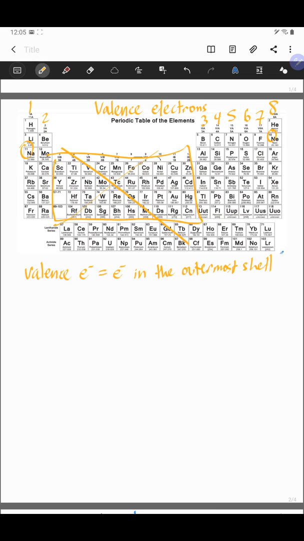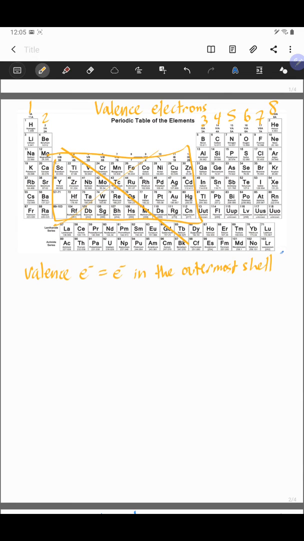So does sodium have more valence electrons? Well, instead of just looking at the atomic number, let's look at where they're located on the periodic table. Sodium is located in the first column, and neon is located in the 8th column. So the column number is really what's going to be our best friend in determining the number of valence electrons.